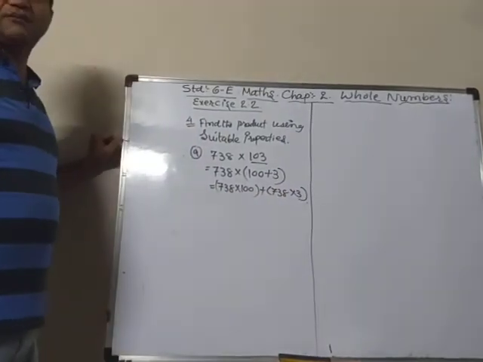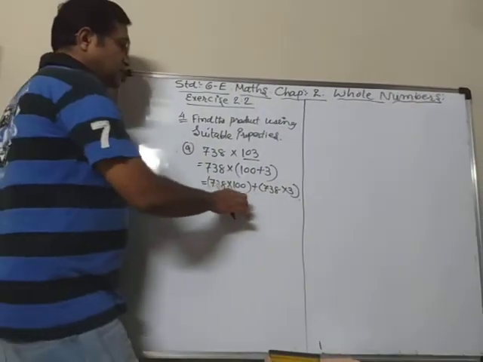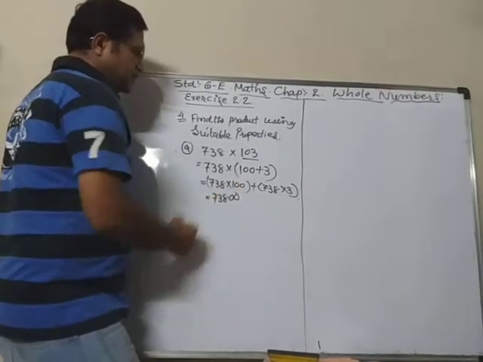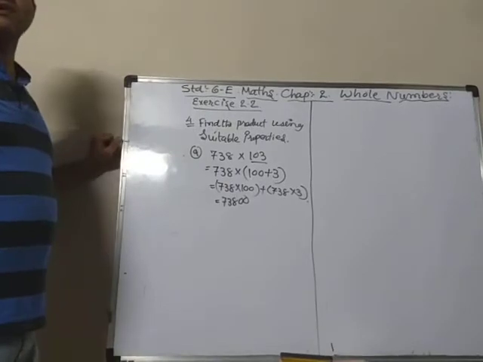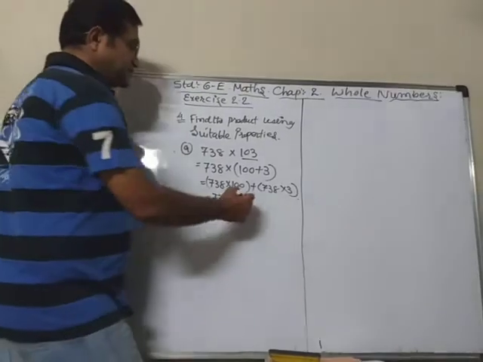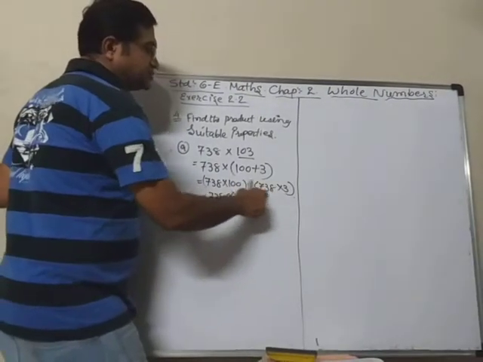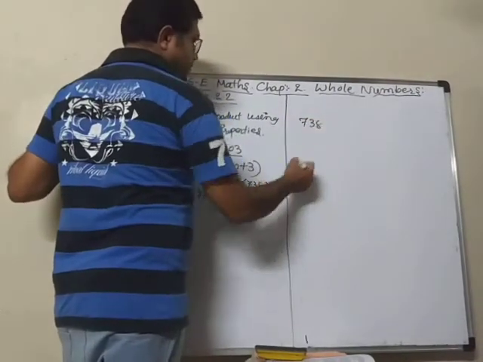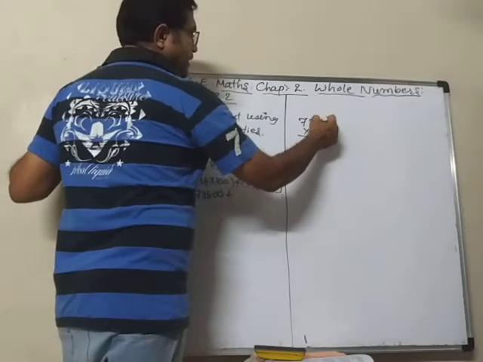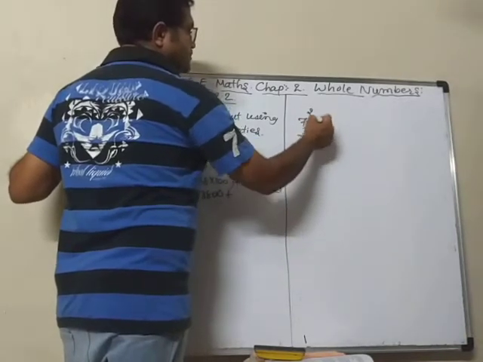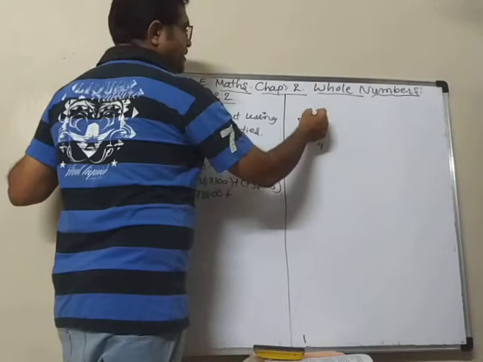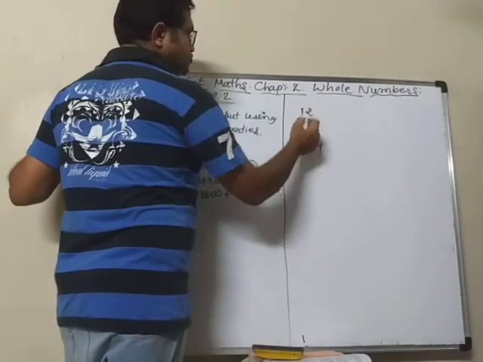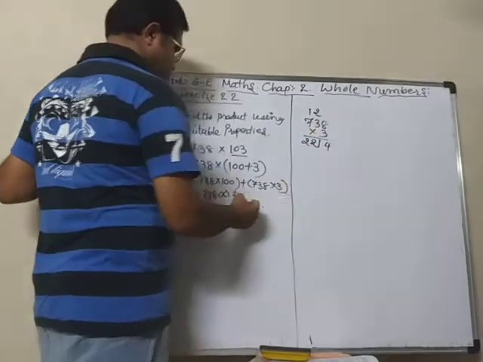So now it is easier for us, because 738 multiplied by 100, we have to put only 2 zeros. 73800 plus, here the multiplication is very small, only 738 multiplied by 3. 8 3s are 24, 3 3s are 9 plus 2 is 11, 7 3s are 21 plus 1 is 22.